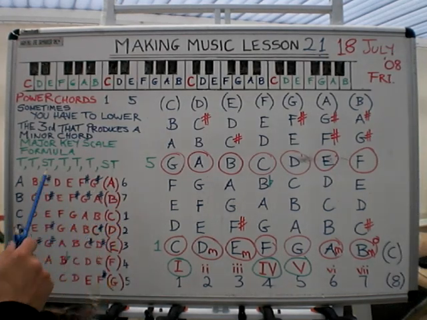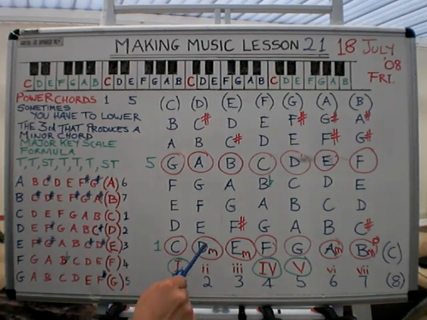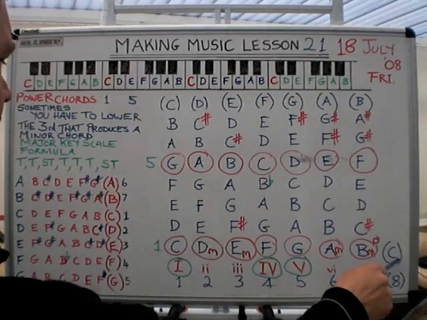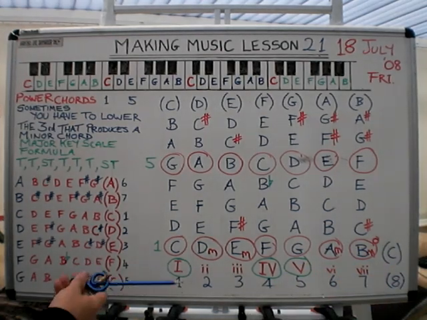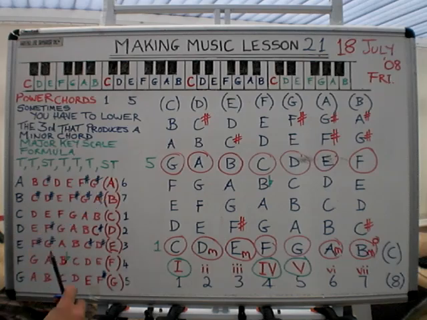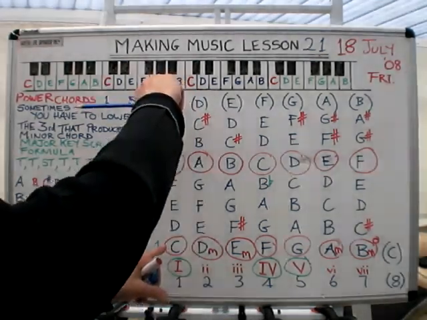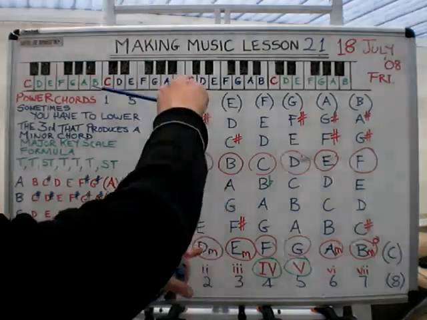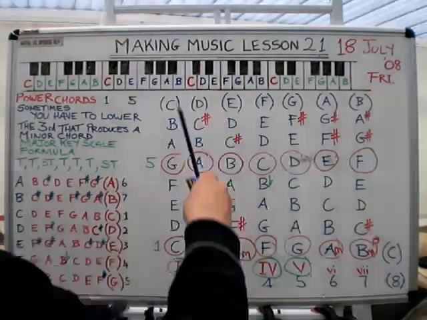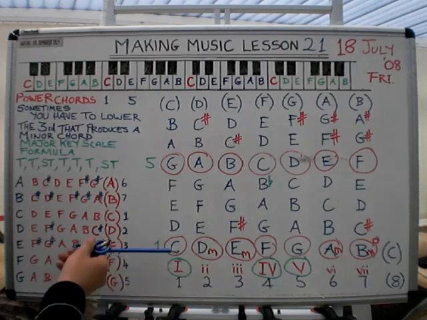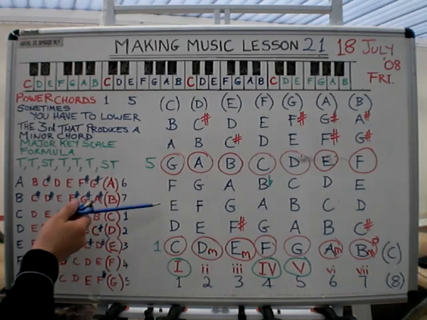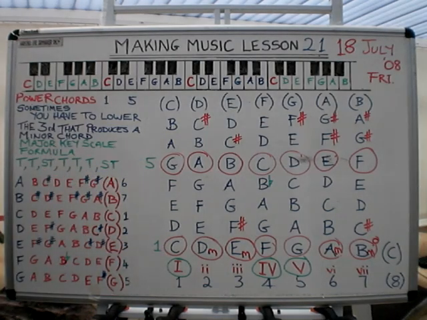I wrote it out here: C, D, E, F, G, A, B, C octave. I put these major scales above: C, D, E and so forth, stacked them above. And I originally talked about the first, third and fifth position for the triad chords, if you remember.